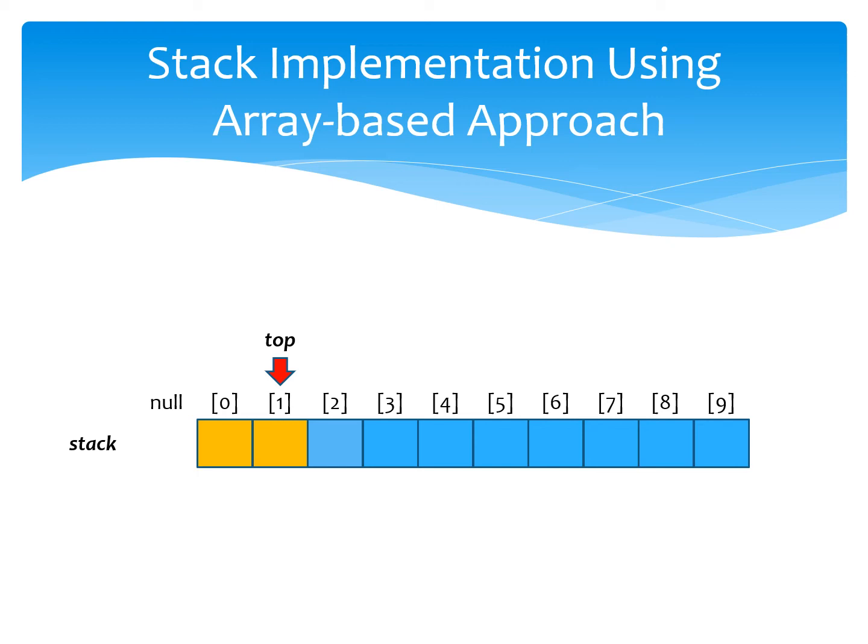When we perform the pick operation, we retrieve the element pointed to by the top variable without changing it. In this way, we can simulate a stack operation using an array.